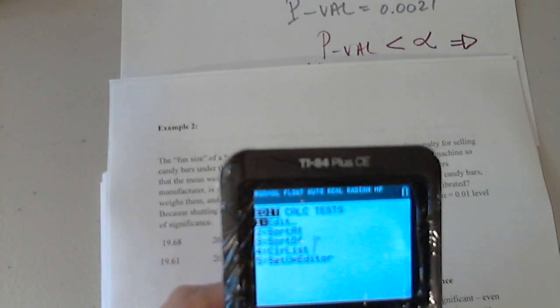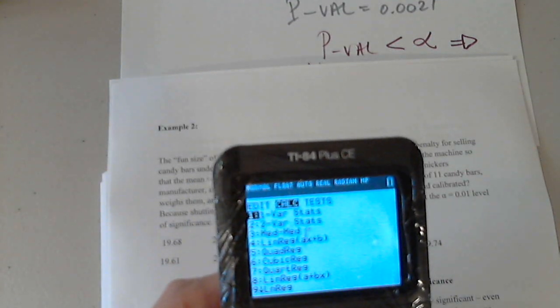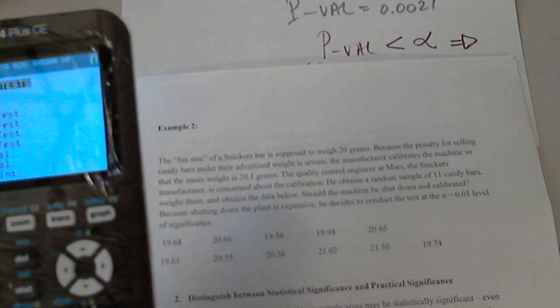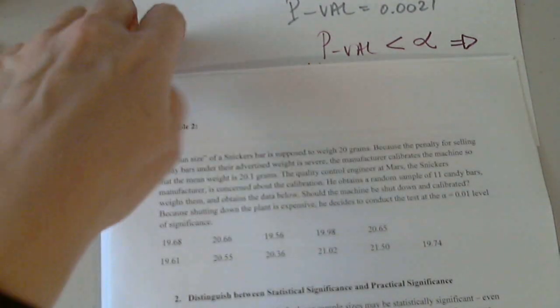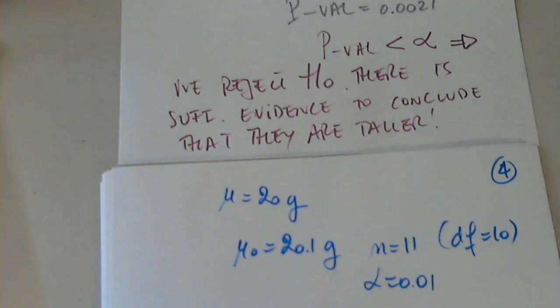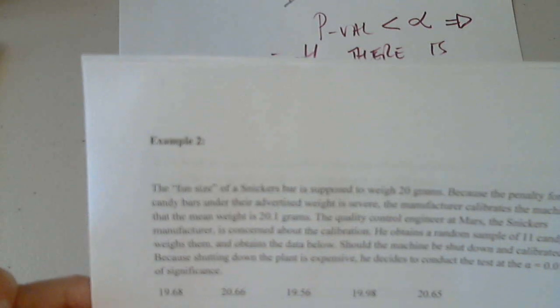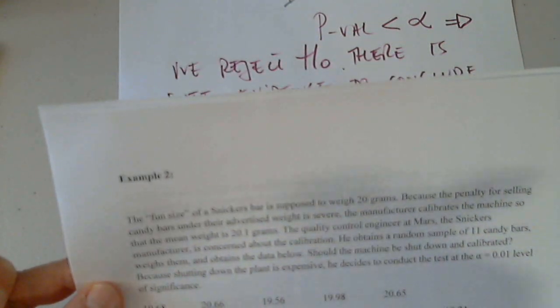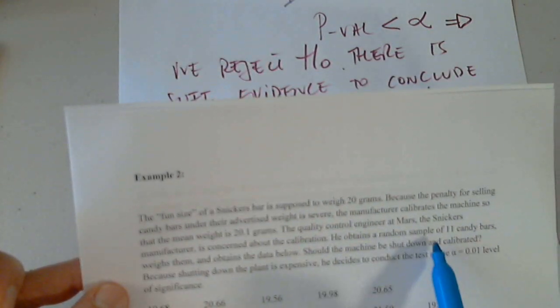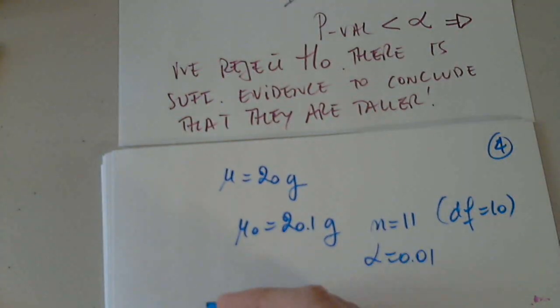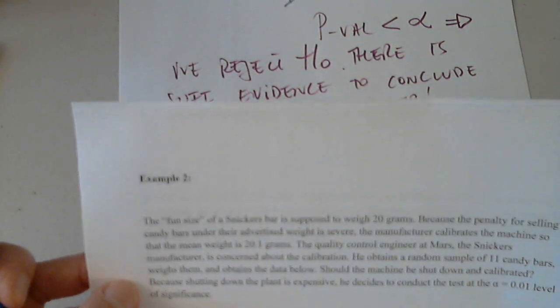Okay, so go back to stat. Go to tests. It is a t-test. Before we enter anything, we have to discuss the conditions. It says a random sample, so the first condition is fulfilled, simple random sample. Number 2, does it have outliers?